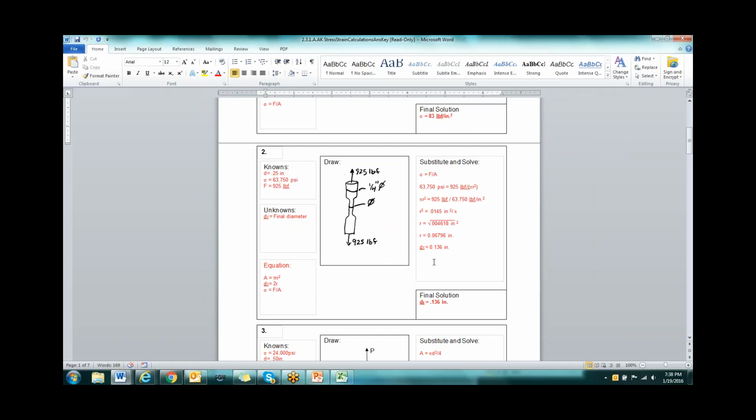No problem. One thing that I want you to notice is the diameter. It's in the bottom left corner here. When they talk about diameter on this, my kids are very used to pi r squared for area, and my kids are very good at working back and forth between diameter and radius.